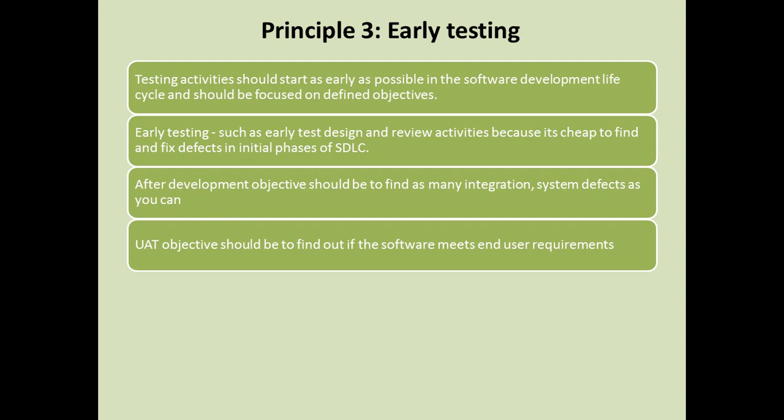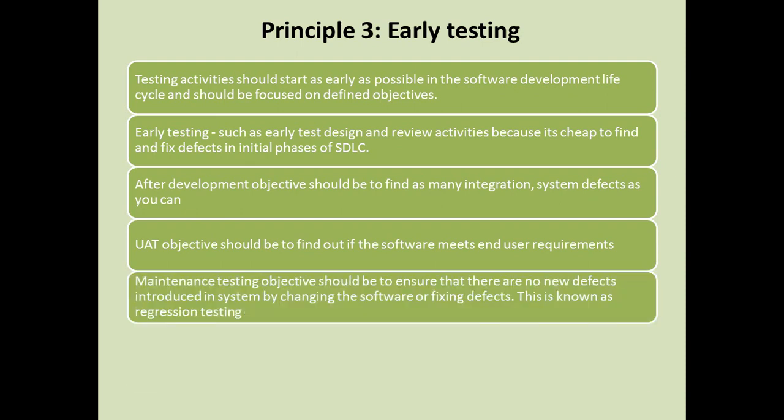In the user acceptance testing phase, the focus should be to find out if the software meets end user requirements or not. Then in maintenance testing, the objective should be to ensure that there are no new defects introduced in the system by changing the software or fixing the defects. That is known as regression testing.